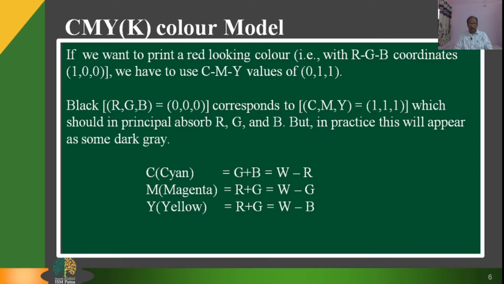Similarly, if blue is subtracted from white, leaving red and green, that appears as yellow. So this is the way of the CMYK color model.